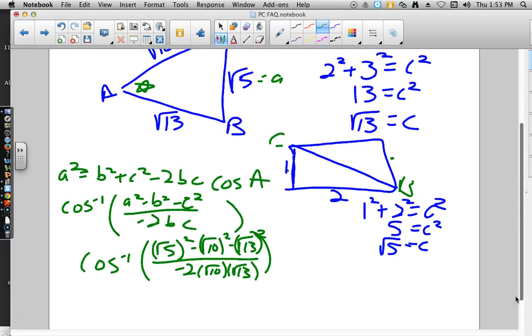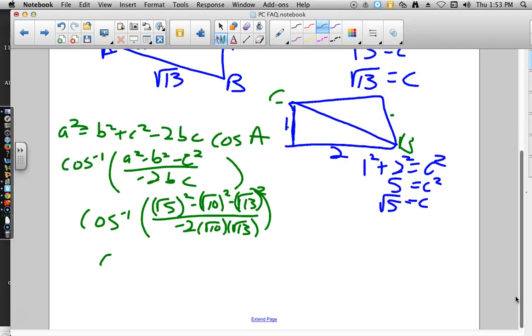Now, some of this you could just do in your head, so you don't have to be punching all these nasty radicals in here. Because the square root of 5 squared is 5, the square root of 10 squared is 10, and the square root of 13 squared is 13.